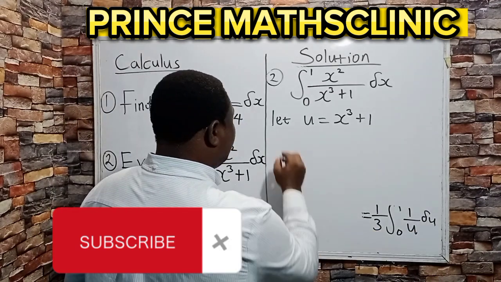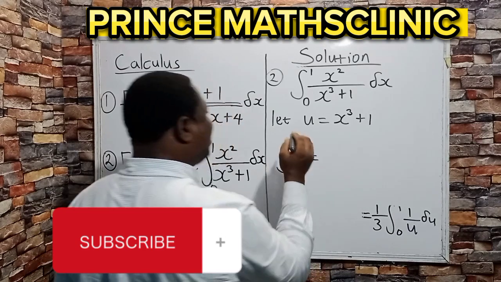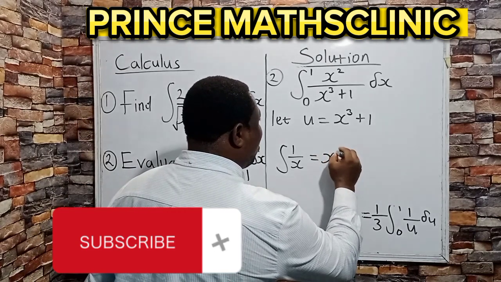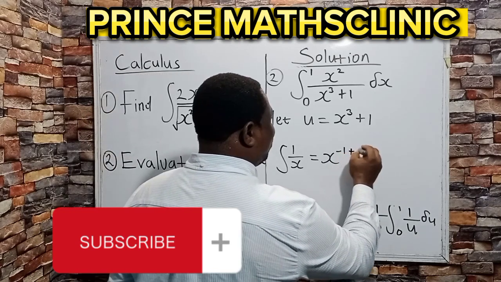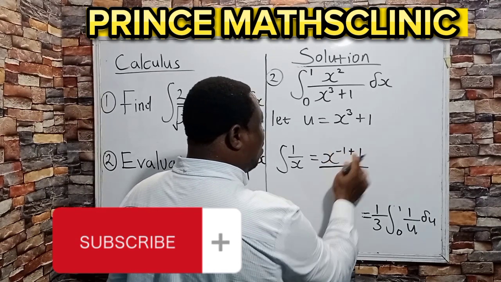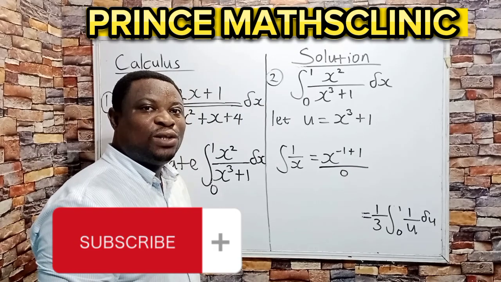Now, when you integrate 1 over x, it is a standard integral. Please don't make the mistake to write it as x to the power of negative 1. Right? Now say plus 1. If you do that, you remember when you say minus 1 plus 1 in the denominator, you get 0. It's going to give you what?